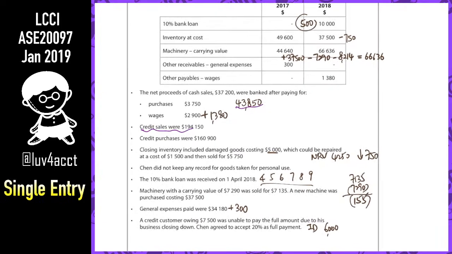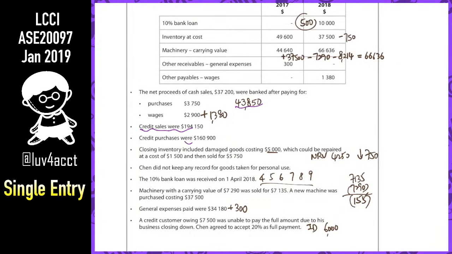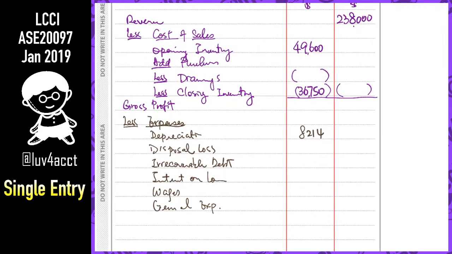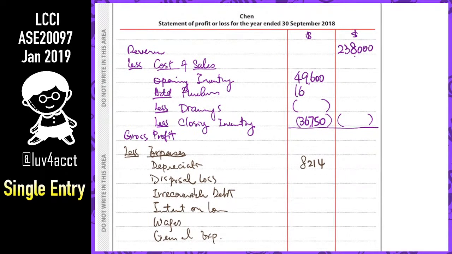For purchases, we have credit purchases here, 160,900, and then also cash purchases here, plus 3,750. So 164,650 here. So how are we going to find the drawings of goods?